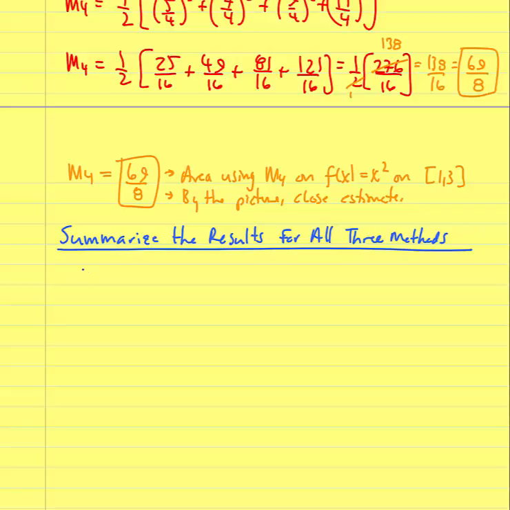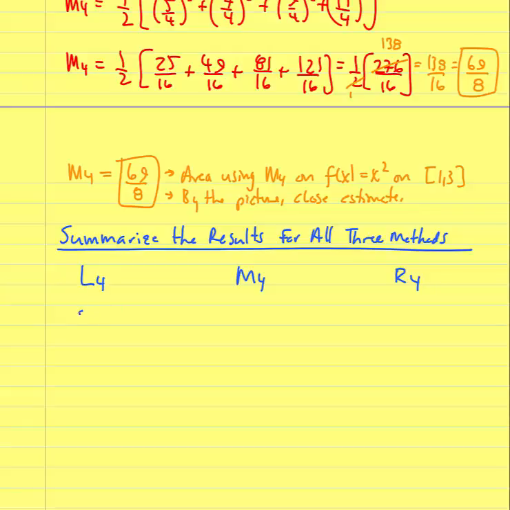So let's go ahead and start with L4, because we thought that was an underestimate. M4 we thought was very good, and in this case R4 is our overestimate. Now this is not always going to be the case. Sometimes R4 will be over here as an under, and L4 will be an over. Usually midpoint's the best one.